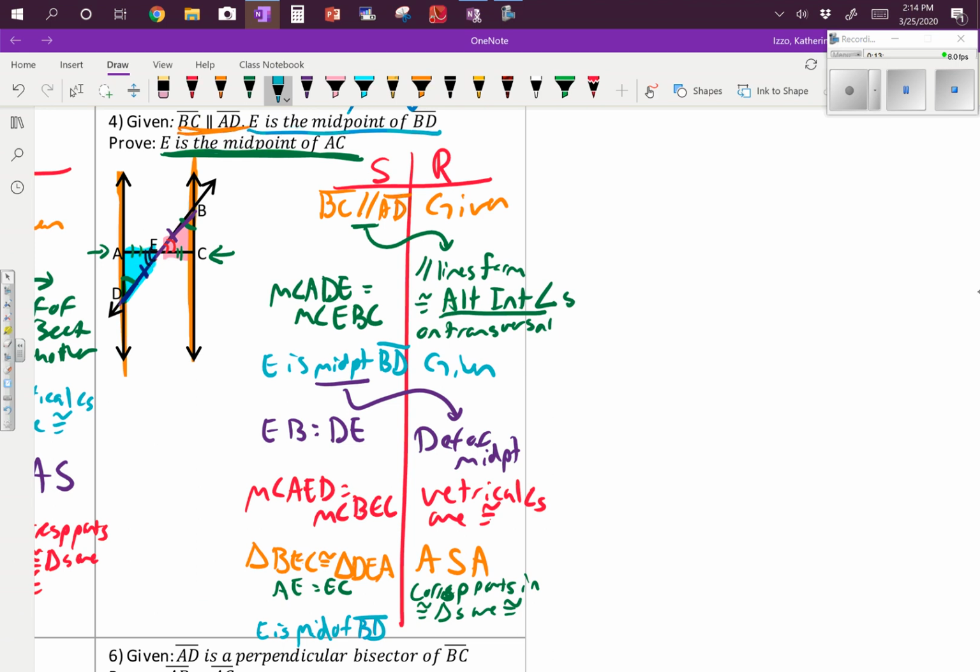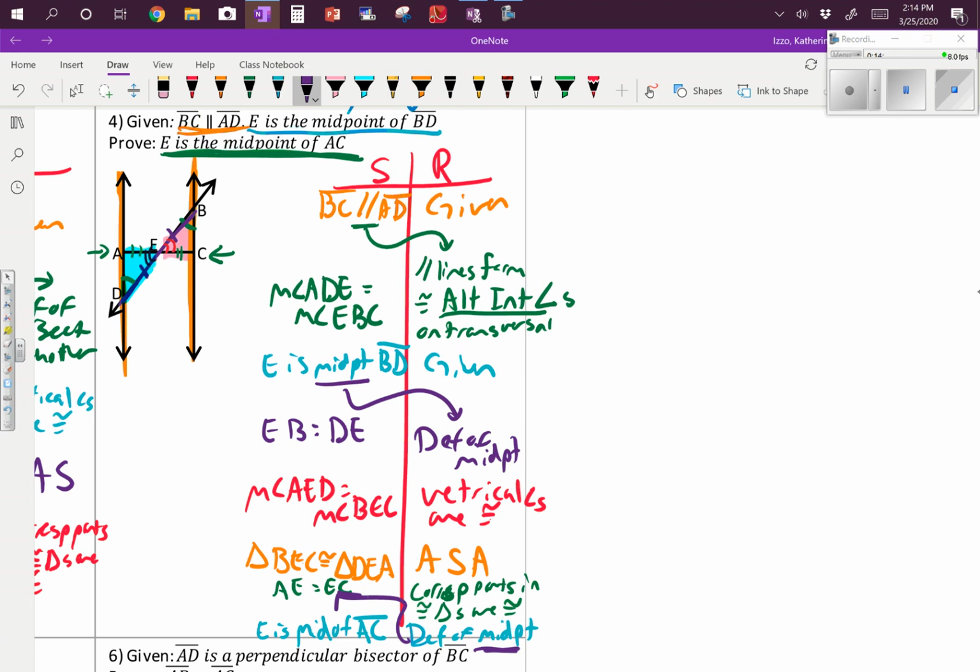So I can say E is the midpoint of AC because AC is chopped into two equal pieces by E, also known as definition of midpoint. Yeah, that one's crazy. In this case, we're going backwards. We've got definition of midpoint, and the midpoint is going up the proof instead of down the proof.